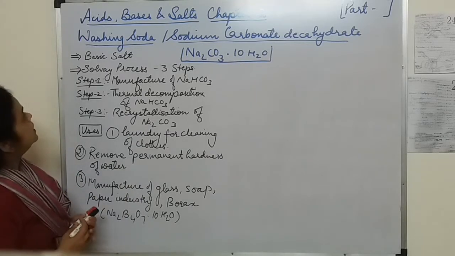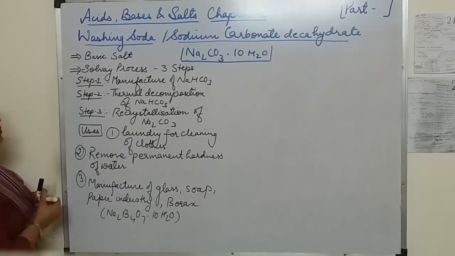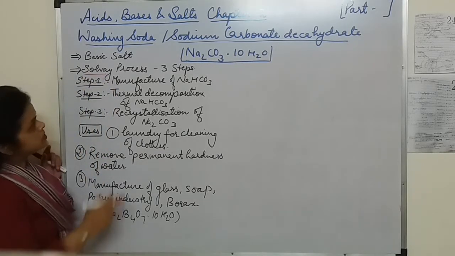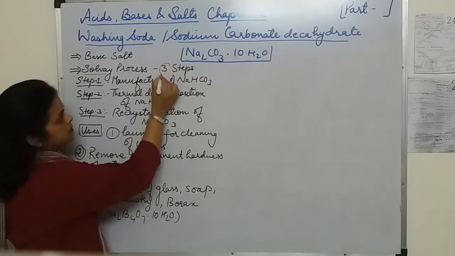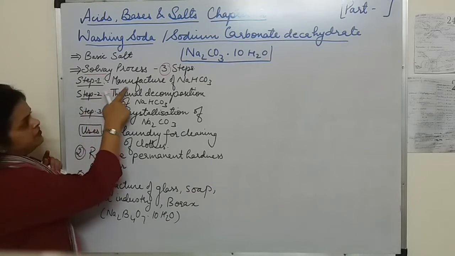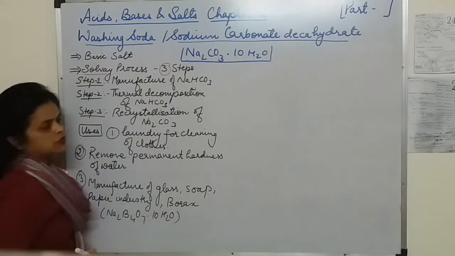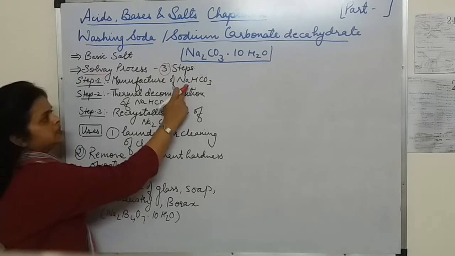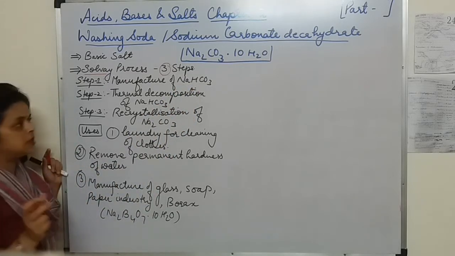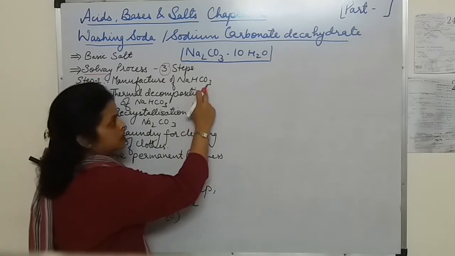Now, it is prepared by the process called Solvay's process. This Solvay's process takes place in 3 steps. In the first step, manufacture of NaHCO3. We had already done NaHCO3, it is also called baking soda. So what was the chemical reaction in which this baking soda was prepared?